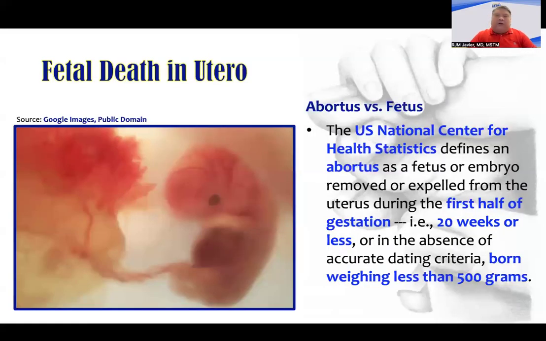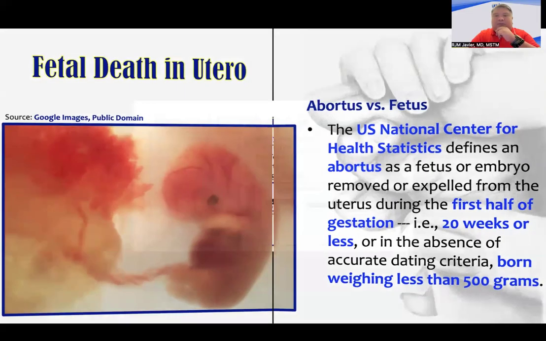Fetal death in utero. There is a difference between your abortus and your fetus. I believe the Philippines follows the US National Center for Health Statistics, wherein we say an abortus is any conception born at 20 weeks or less, or in the event that the woman was able to successfully pass out the baby, if the baby is less than 500 grams, then that is an abortus.